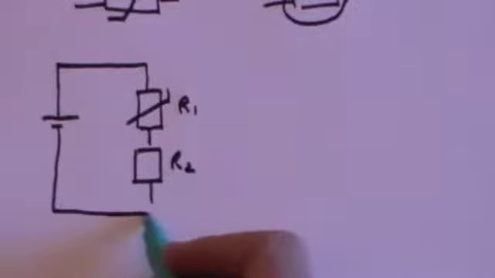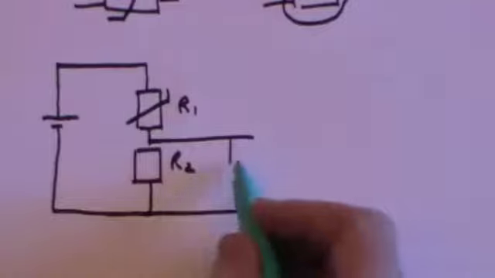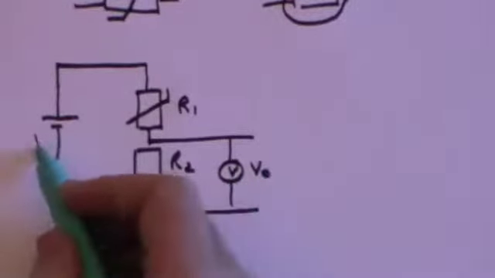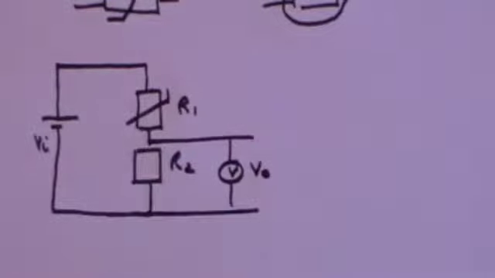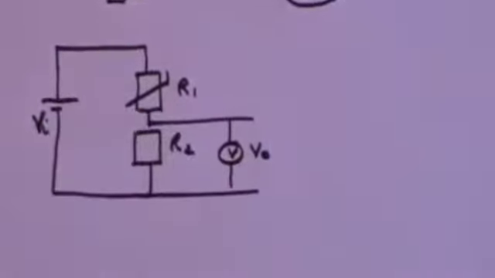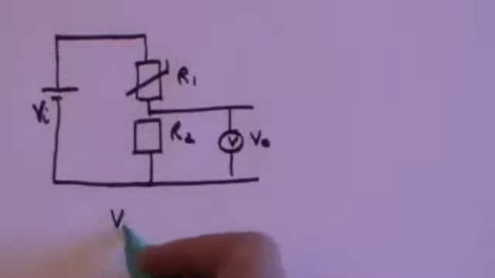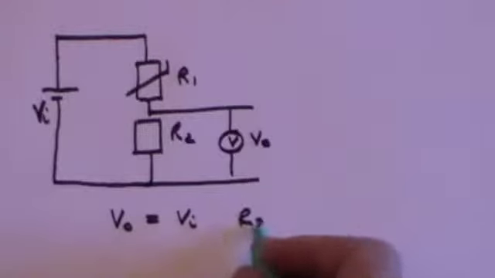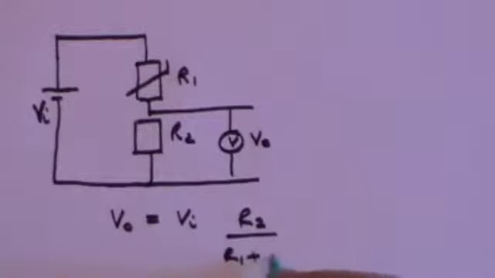As before, I'm going to take the output across R2. So that is V out, and this is V in. Let me remind you that the formula is V out equals V in times R2 over R1 plus R2.